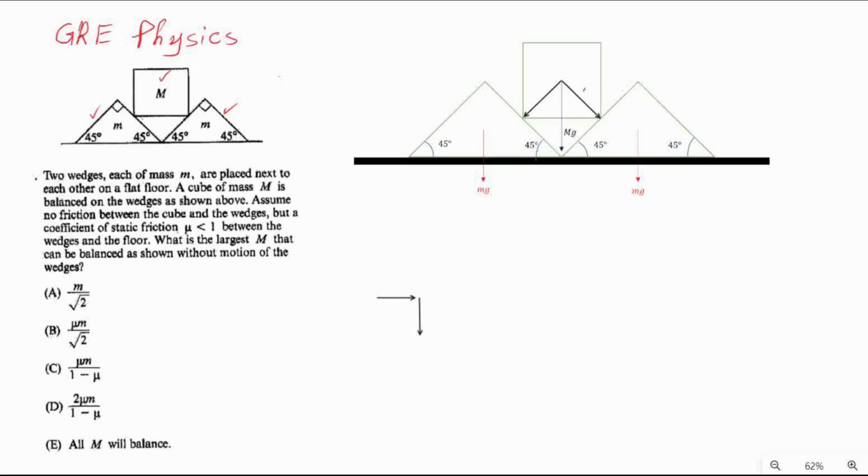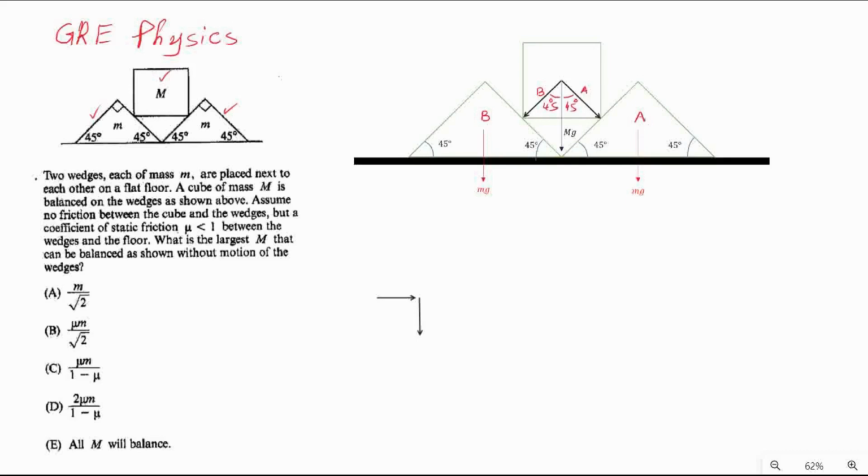Say this one is A, which acts on wedge A here, and the component B, which acts on wedge B, say here. And both these forces should be equal in magnitude, as you can prove very easily. This angle should be 45 degrees, and this angle should also be equal to 45 degrees by symmetry of the figure.